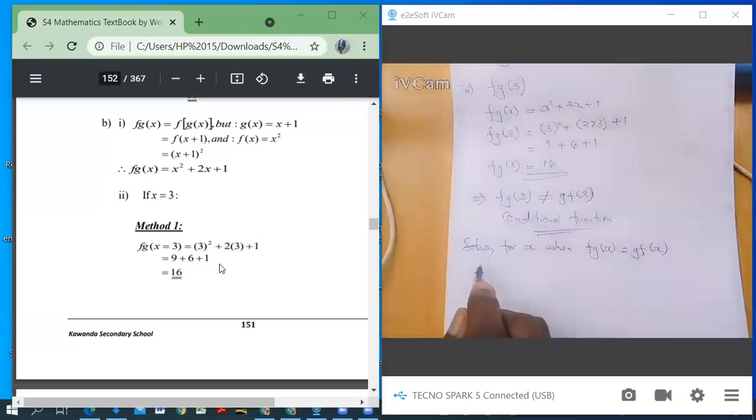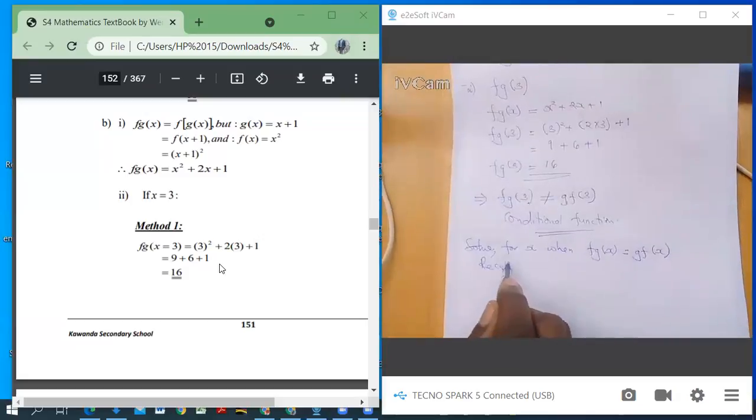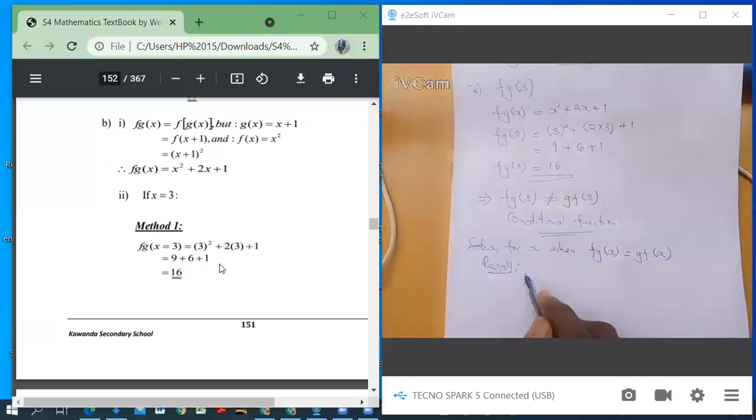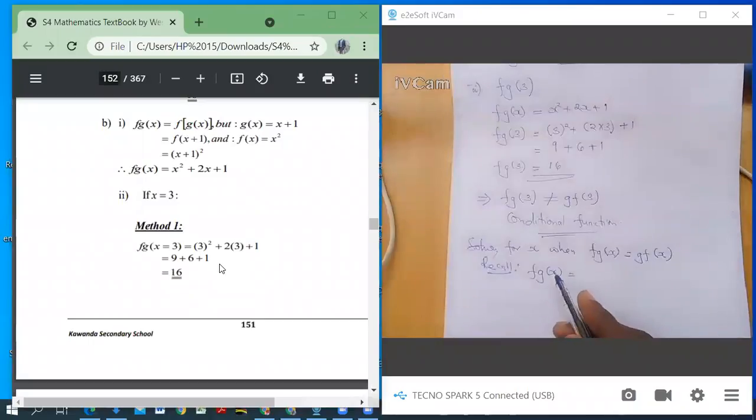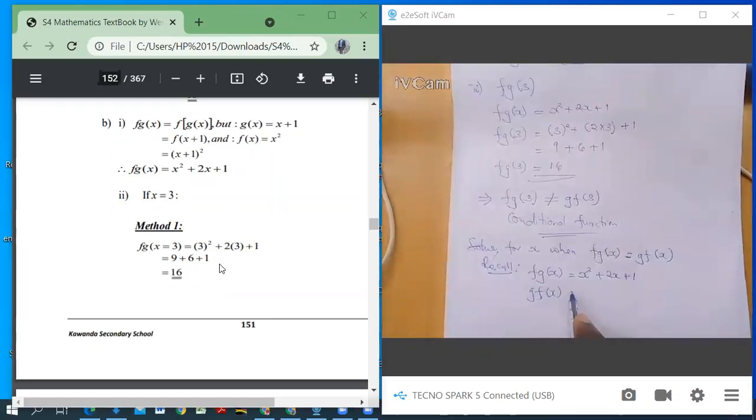Recall, what was our fg of x? It was x squared plus 2x plus 1. Then what was our gf of x? It was x squared plus 1.